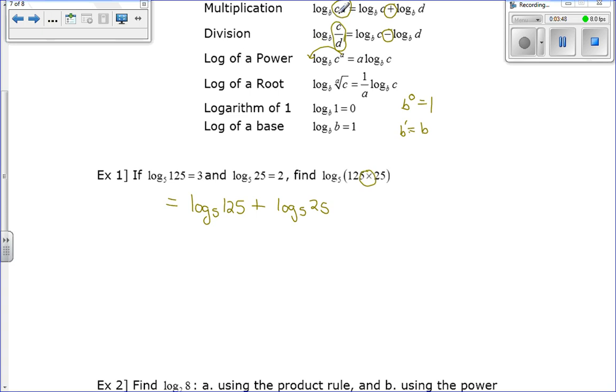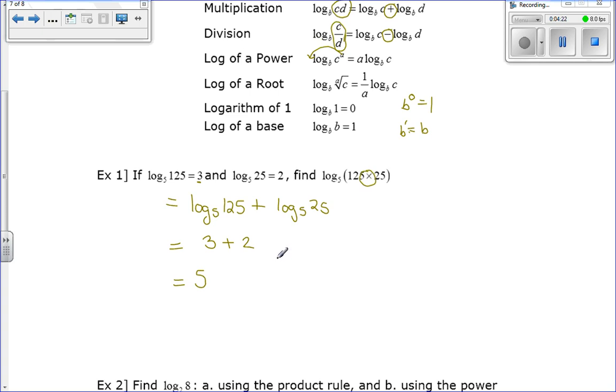All I did is 125 is C and the 25 is D. So the log base b, which in this case is 5, of C plus the log base b of D. Now we're told in the problem that the log base 5 of 125 is equal to 3, and the log base 5 of 25 is equal to 2. So we just substitute those both in. So my answer is simply 5.